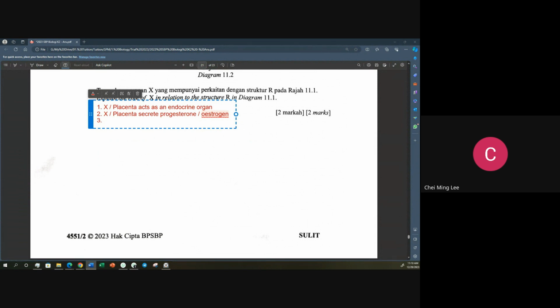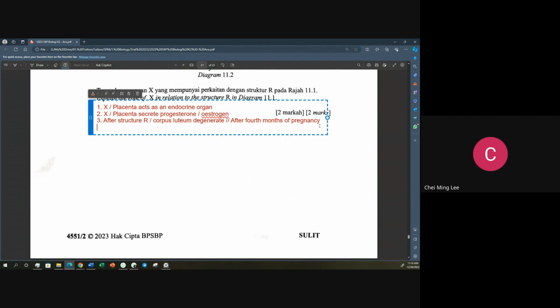After the fourth month of pregnancy, after the corpus luteum degenerates, the placenta will take over the role of the corpus luteum. So it will take over the role of secreting estrogen and progesterone. This is to maintain the thickness of the endometrium wall. Okay, choose two.